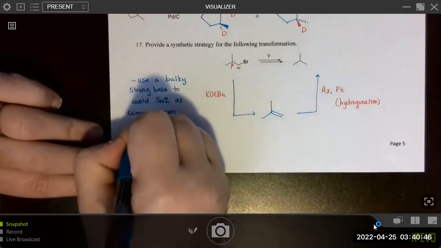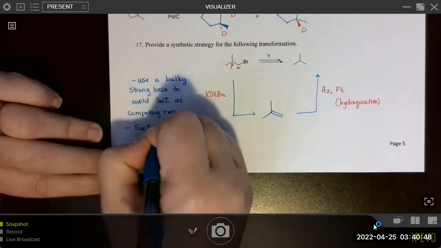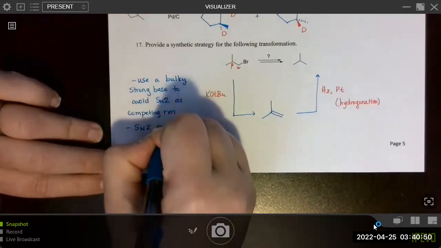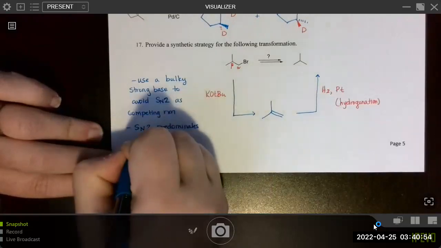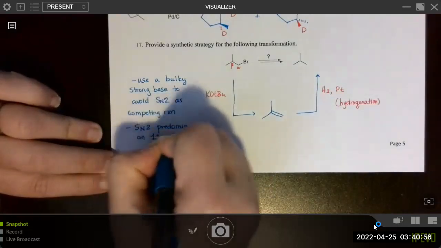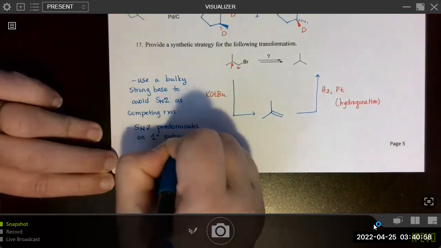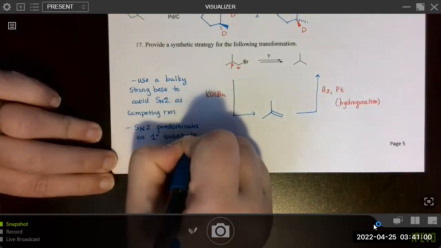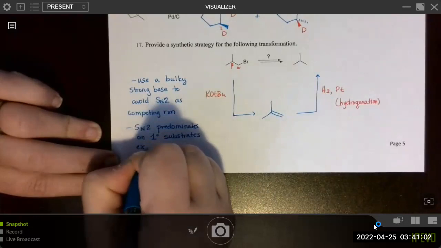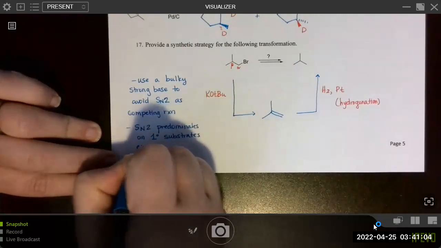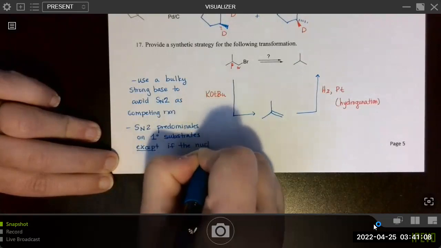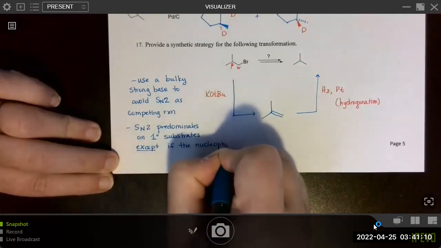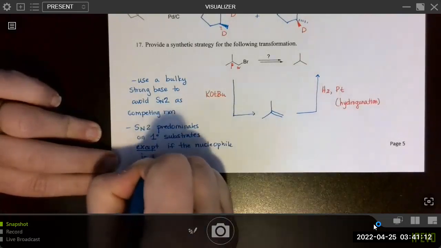Remember, SN2 predominates on primary substrates, except if the nucleophile is too bulky.